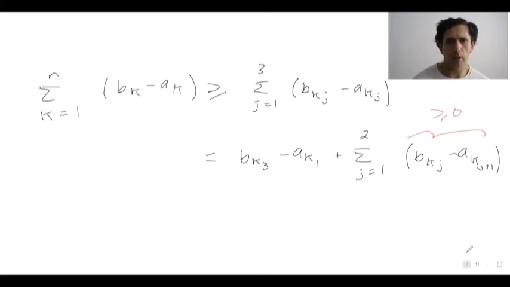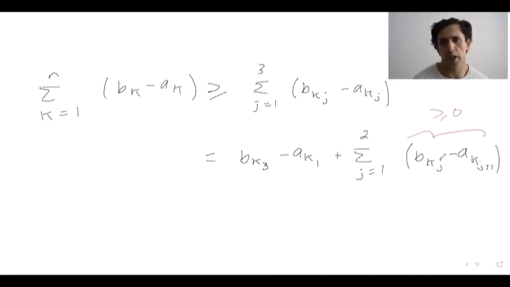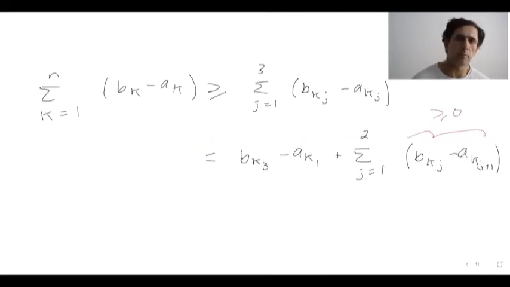In particular, bk2 is bigger than ak3, so this is true for j equals 3. I'd be in trouble if ak3 was bigger. No, it is bk2 is bigger than ak3, so this is bigger or equal to 0.